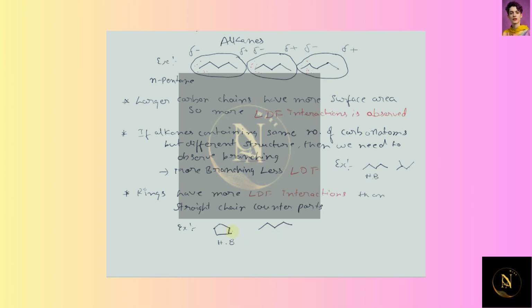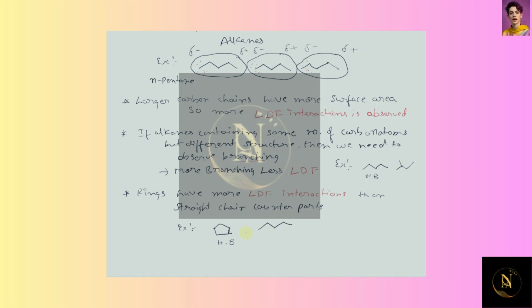This is because you have fewer hydrogens and more carbons. So the contribution of negative and positive charge will be almost equal or more here compared to this. So induction of dipole is easier in this case compared to this case.